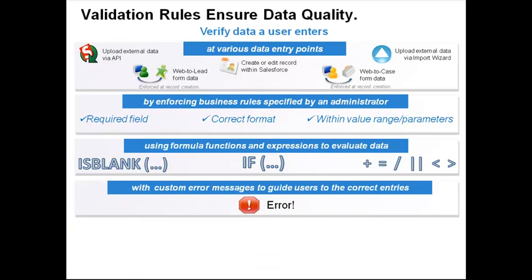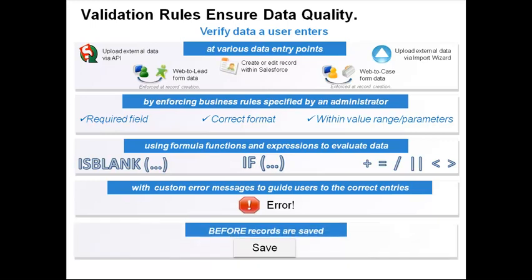You can also customize the error messages that come up when your users are saving, and that way you can guide them to the correct entries using your own business language. The goal is really to make these checks and enforce these business rules before the records are saved, so that you can have data quality.